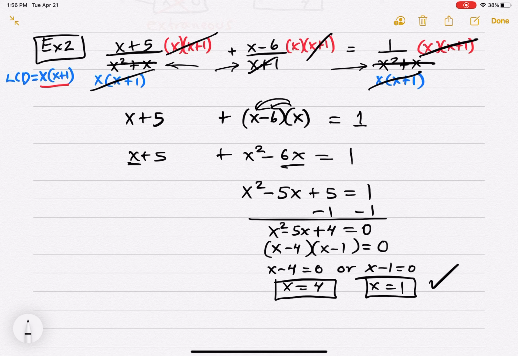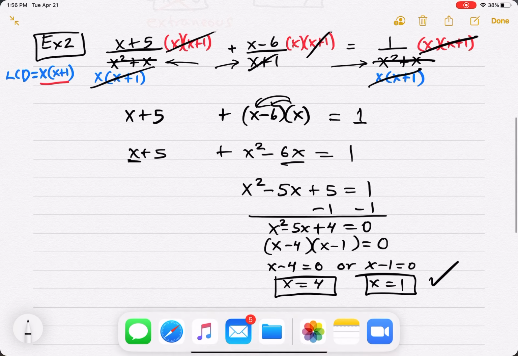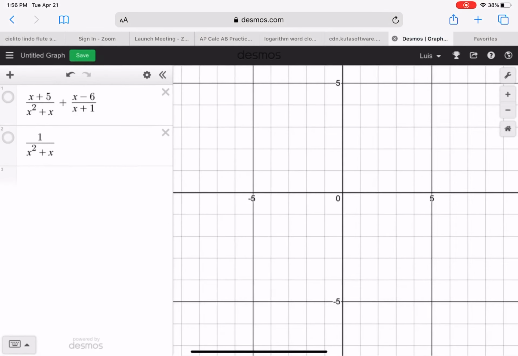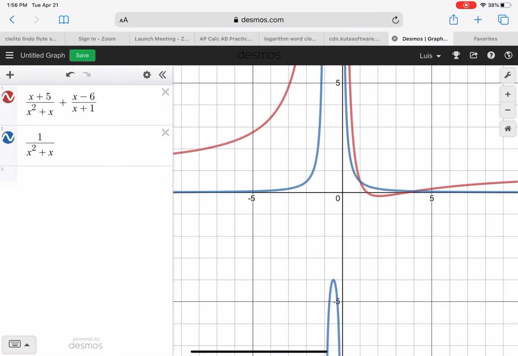You could always check your answers on Desmos by typing the left side of the equation, typing the right side of the equation, and seeing where the two graphs intersect. I already have those two equations pre-typed. All I have to do now is click on them. You're going to see that these two graphs intersect here and here.